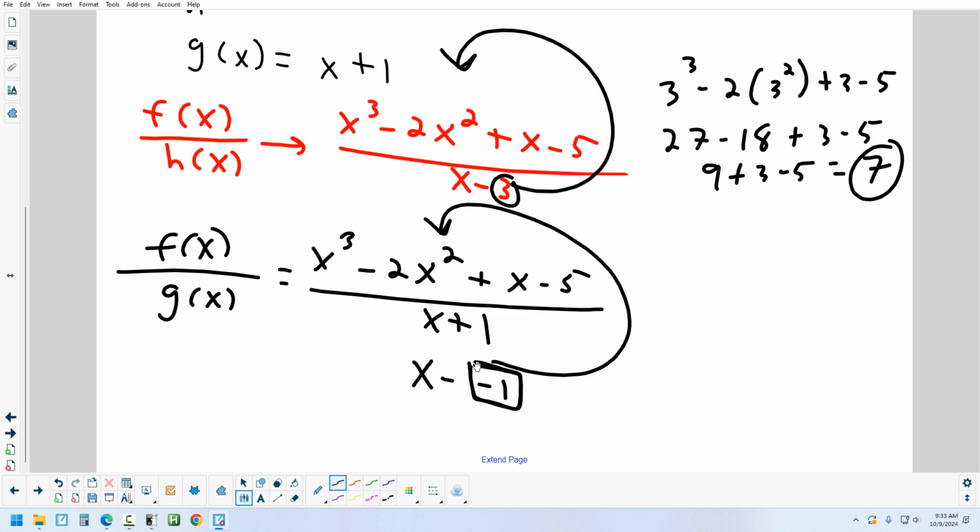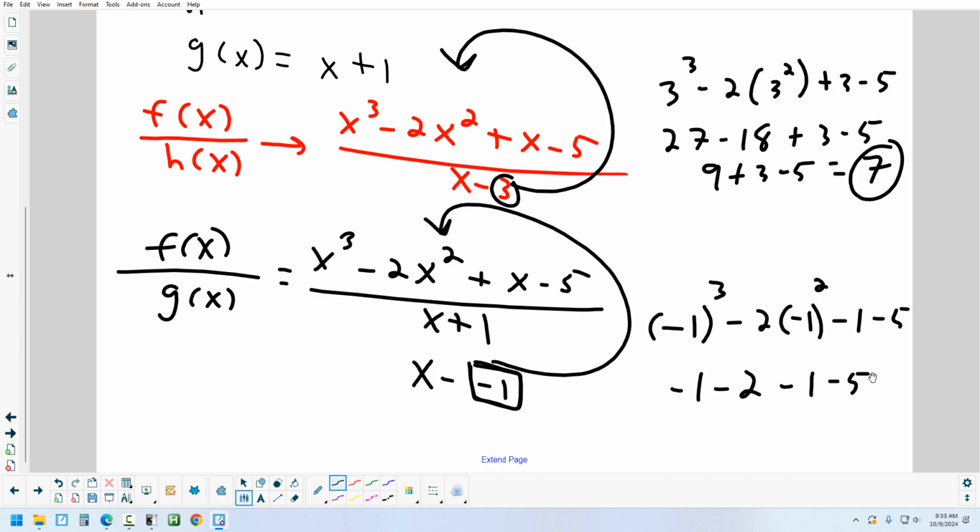Okay, so let's fill in -1. So we've got -1 cubed, 2 times -1 squared, minus 1 minus 5. What's -1 cubed? -1. What's -1 squared? 1. 1 times 2, -2. So we get that -2.